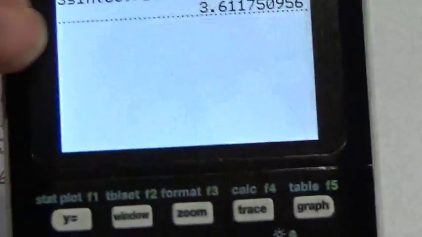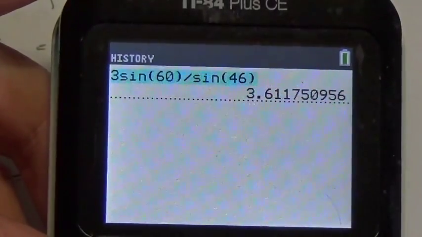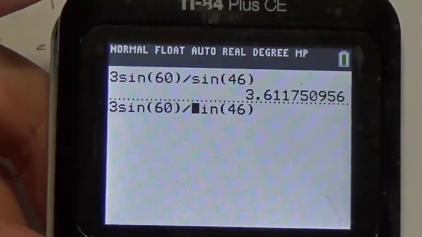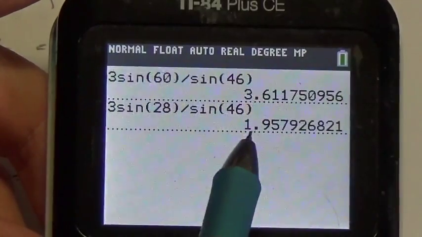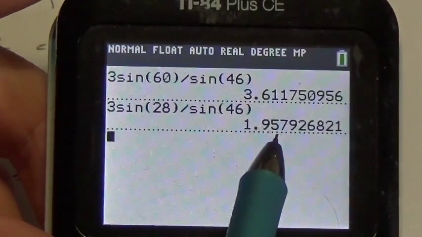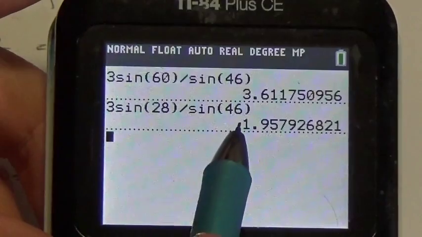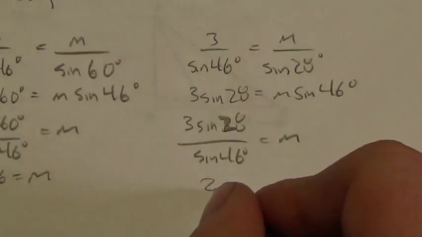And again, this is just calculator work. In this case, I can be kind of lazy about this. I'm going to just yank that down here and change that 60 to a 28. And now I get a side of, if I round that to the nearest tenth, that's going to round that 9 up. I'm just going to round that to 2.0.